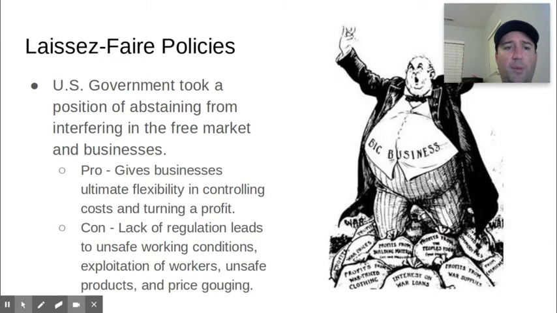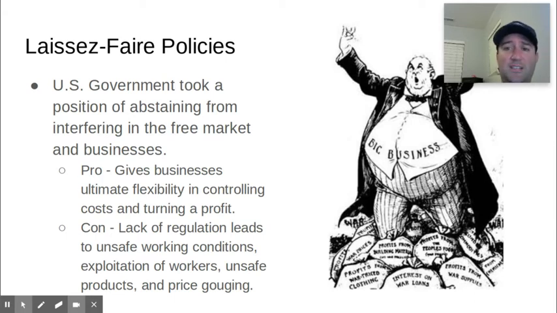Another policy that's going on in the United States government at this time that's really important to note is laissez faire economics. Laissez faire is a French term, and it means let it be. Essentially, what laissez faire policies mean in terms of business is that the government will pretty much allow businesses to do whatever they feel is necessary for the best interests of the business.